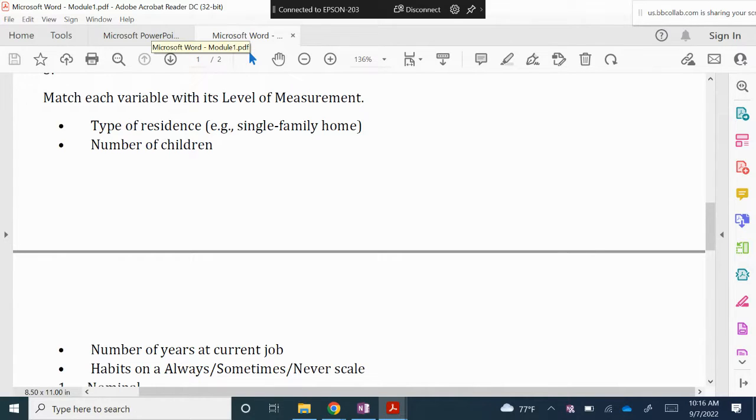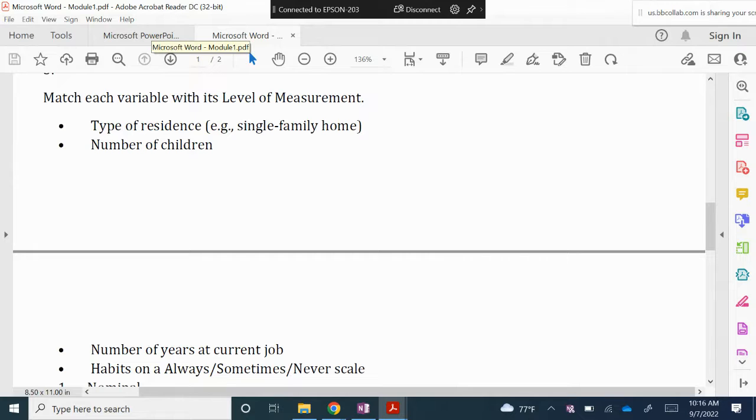But if you think about year as far as the calendar year, like 2000 or 1990, there is no 0 year. So years would always be interval.